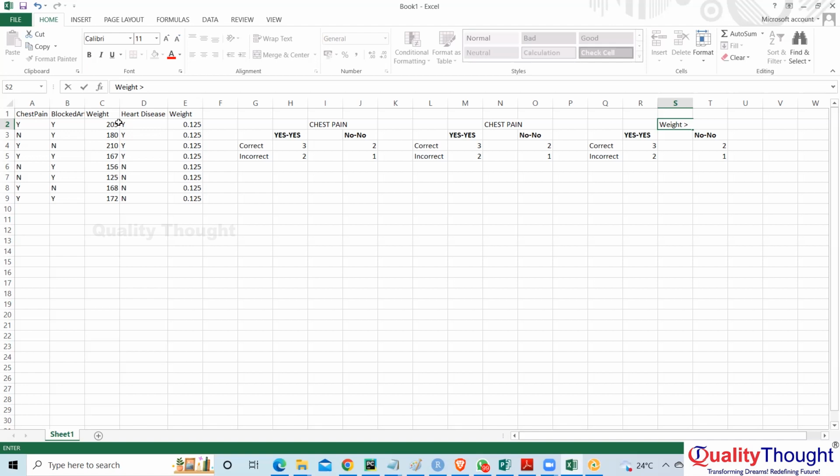So 125 plus 205 by 2 is 330 by 2, which is 165... somewhere around 180 or 175 you can take.